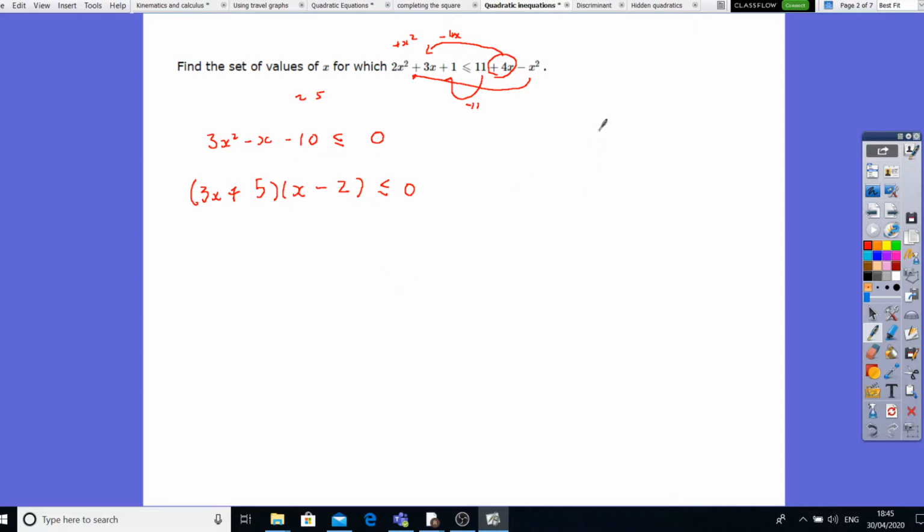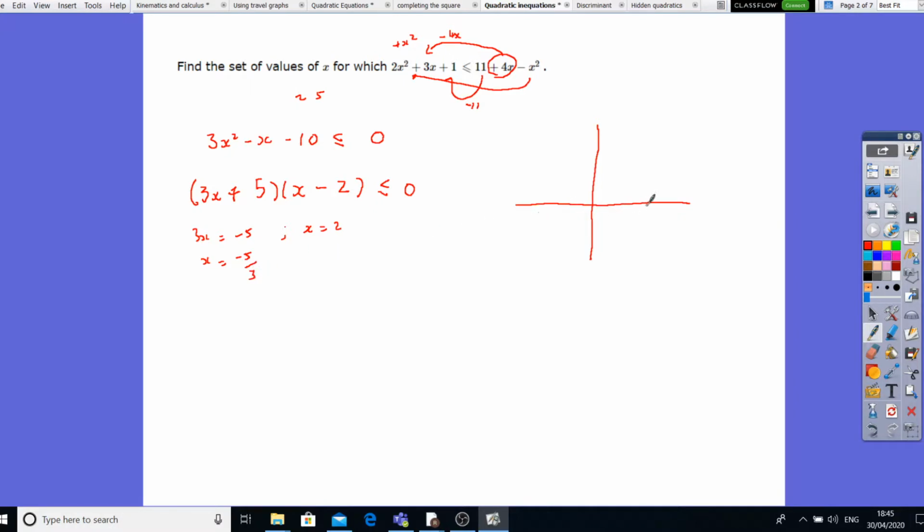Now let's do our little sketch on the side. We've got roots here, which is going to give me x equals 2, where the curve is going to cross the x-axis. So in this case, 3x is going to equal minus 5, so x is going to equal minus 5 over 3.